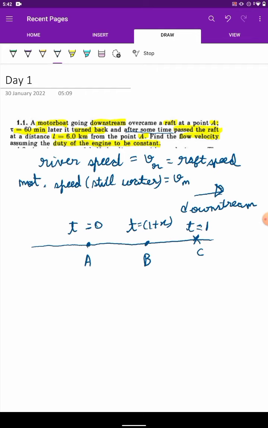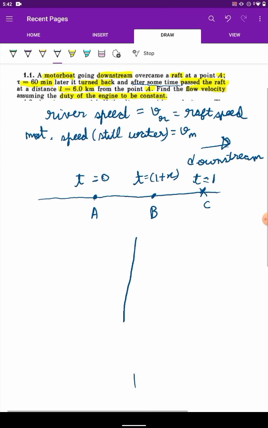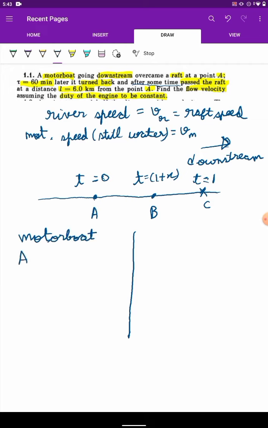So basically, we'll consider first of all, sorry for the oblique line, the motorboat from A to C. The speed is, it's from A to C, so it's in the downstream direction.